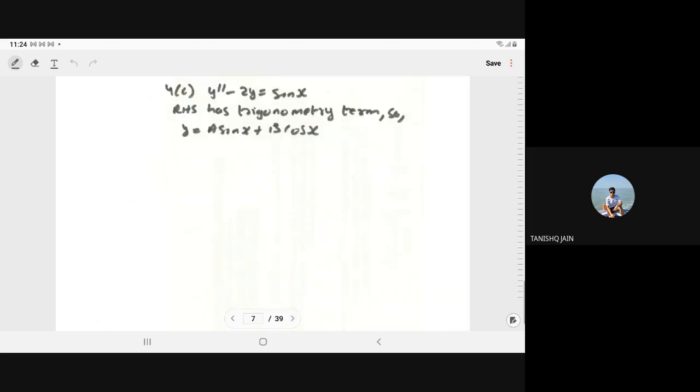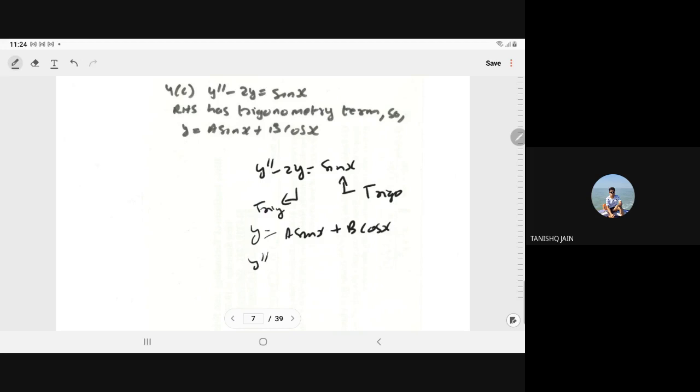For example, if you have y double dash minus 2y is equal to sin x. So here we have trigonometry. Trigonometry can be equated with trigonometry only. So at that time we assume that y is equal to a sin x plus b cos x.